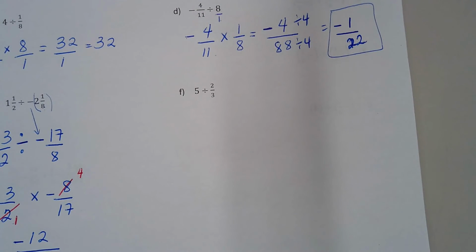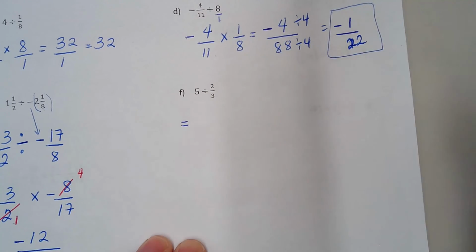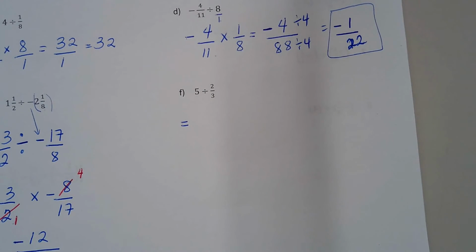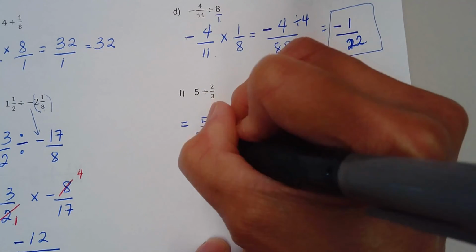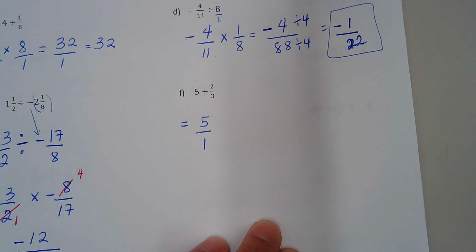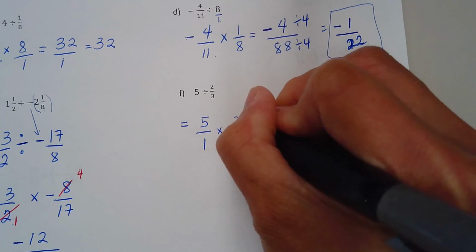Last but not the least, 5, and then divide that into 2/3. So think of it as like 5 pies, and then you're gonna cut it into 2/3 of the size. Somebody would like to volunteer on how this is going to be done. 5 over 1 times 3 over 2.